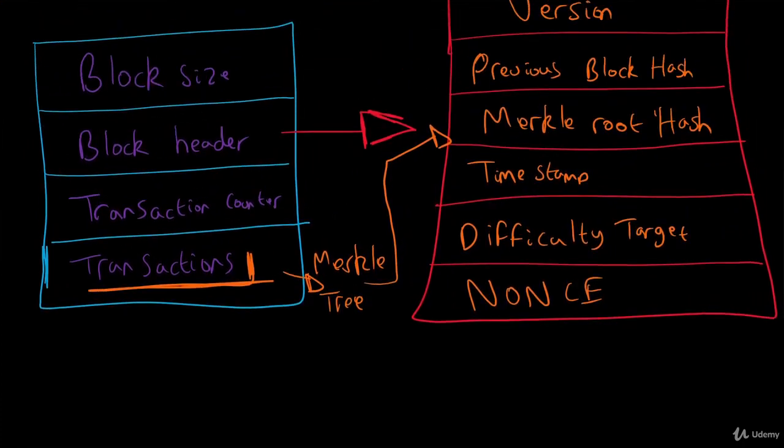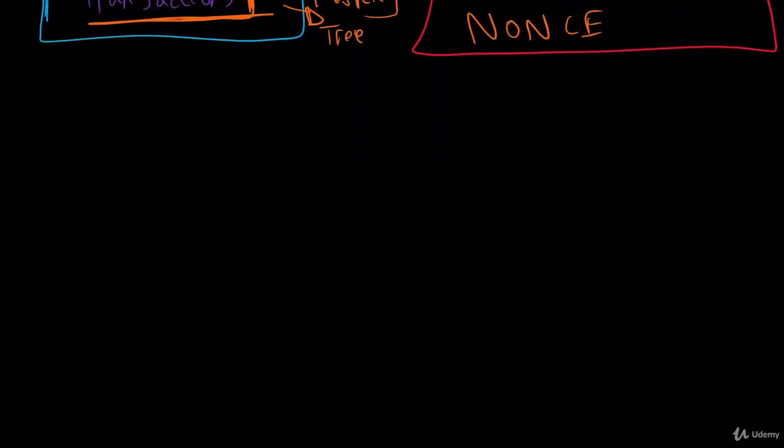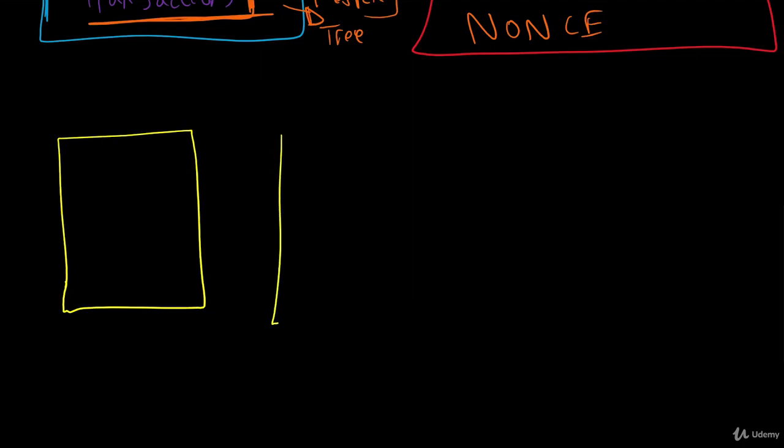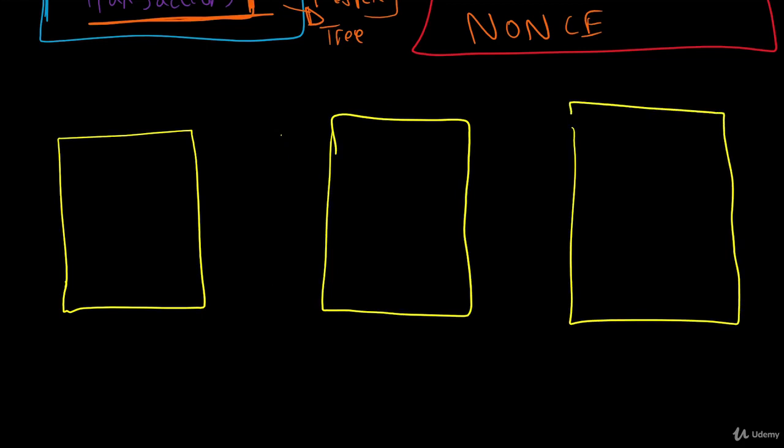Now that we've seen the overall structure, let's go to a higher level view. Imagine we have, and I'll put a bigger space between them, 3 blocks. The number of blocks doesn't actually matter.